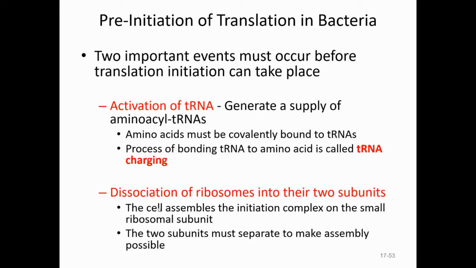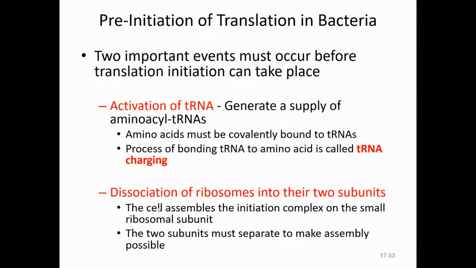In order to make the tRNA carry the amino acid, that process is called activation. It's also called charging, the charging of the tRNA. That means to put the specific amino acid on the specific tRNA. Okay, so that's activation of tRNA.